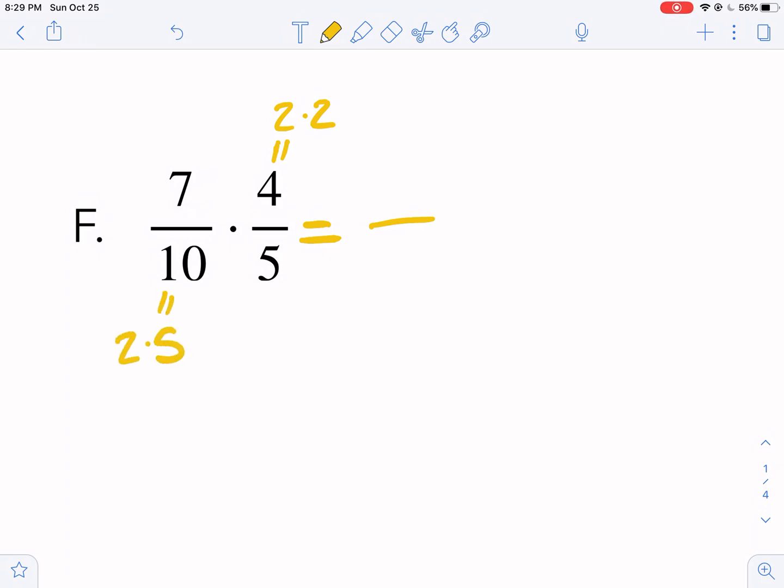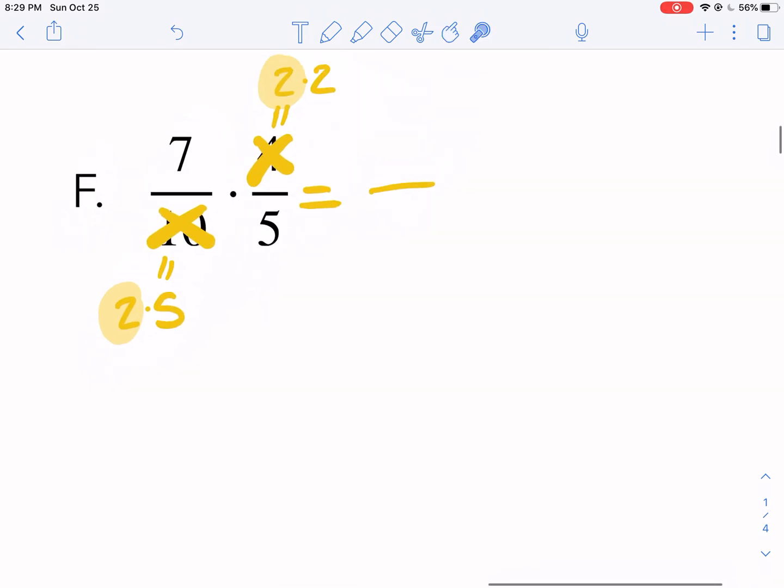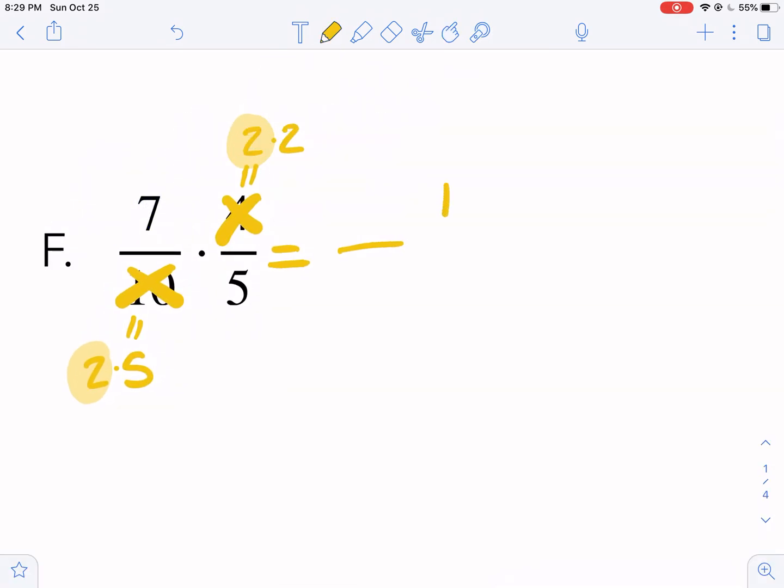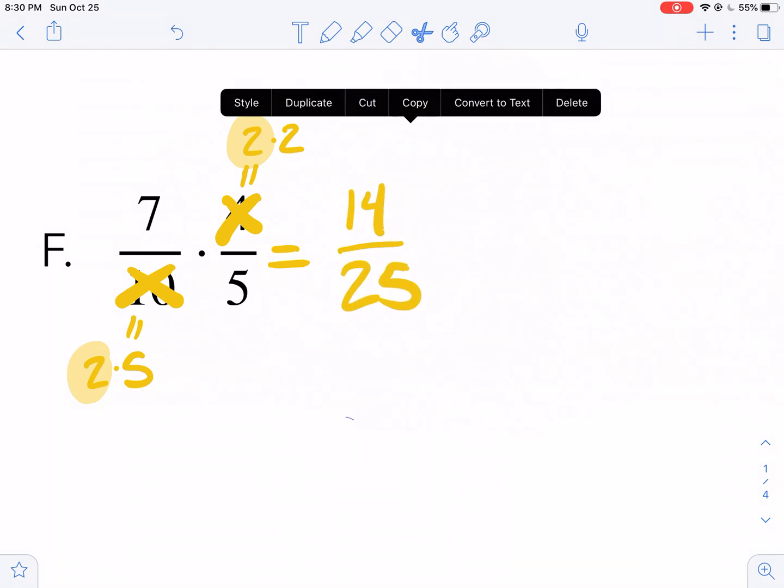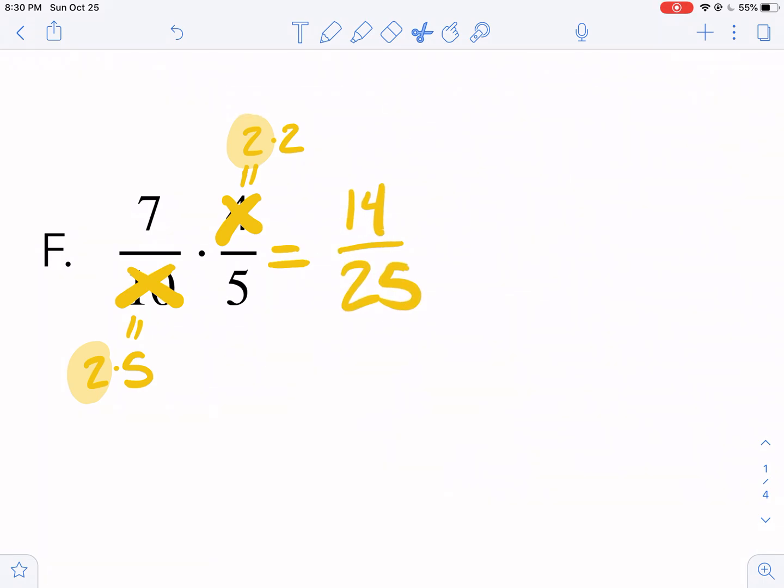So we can reduce out a 2 from each of those. So instead of using 4 and 10, we can use 2 and 5. So 7 times 2 is 14, and 5 times 5 is 25, and I totally missed my fraction line. There we go, 14 over 25. Super. We need to make that our final answer.